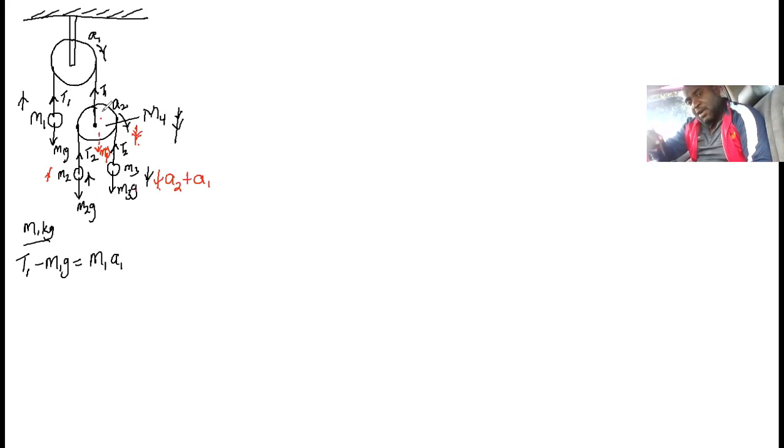The movable pulley is going down, for it it's going where? Up. So the resultant acceleration shall be A2 minus A1.